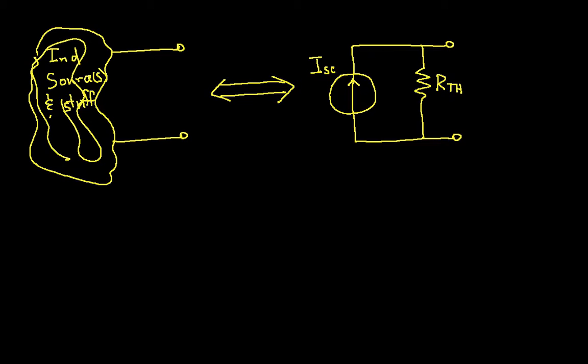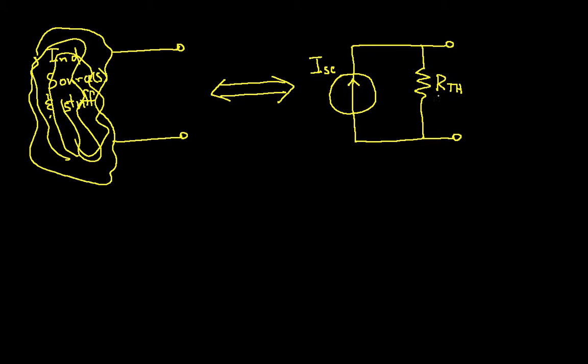Now this is very similar to the Thevenin equivalent, where all of this stuff over here was equivalent to a voltage source in series with a resistor. And in fact, you'll notice that we use the same terminology for the current source and the equivalent resistance as we did in the Thevenin equivalent circuits.